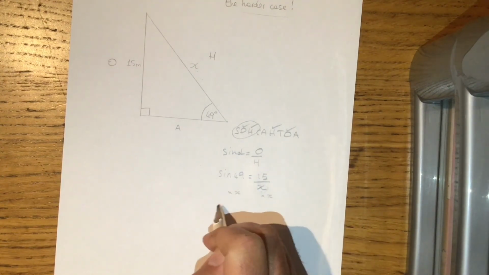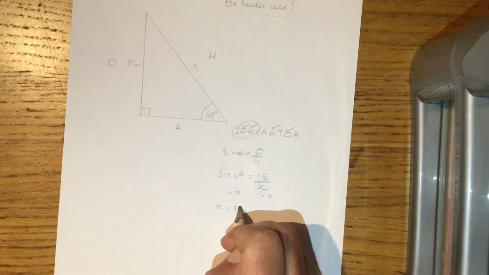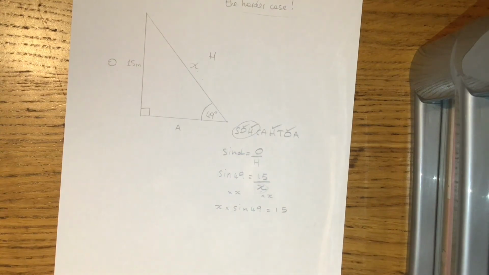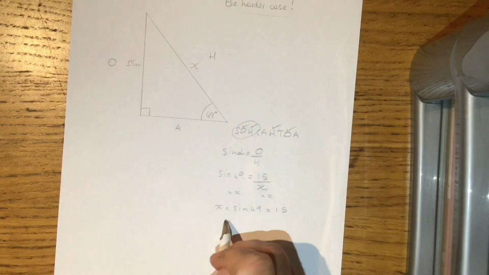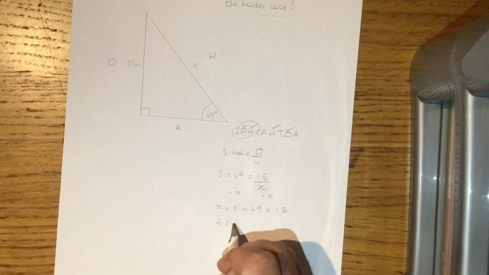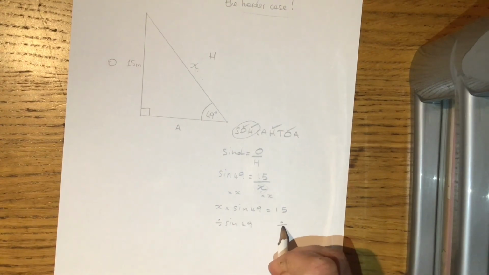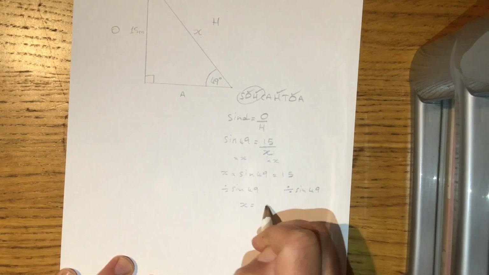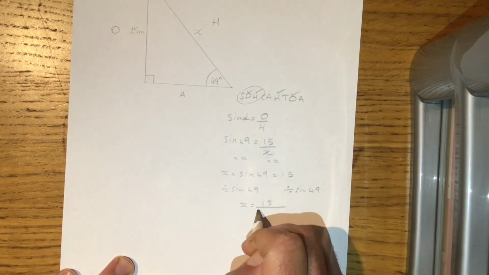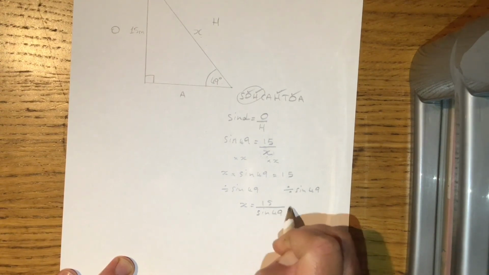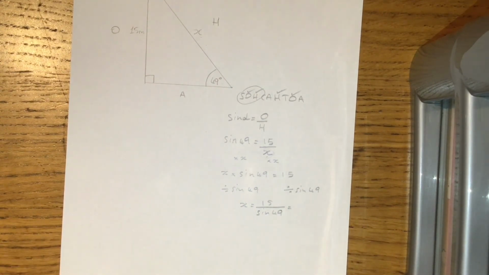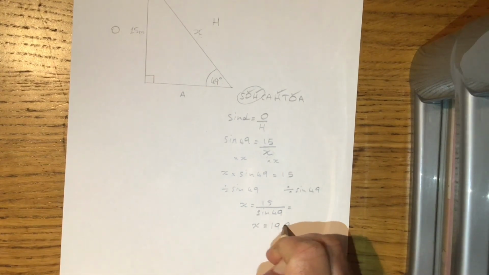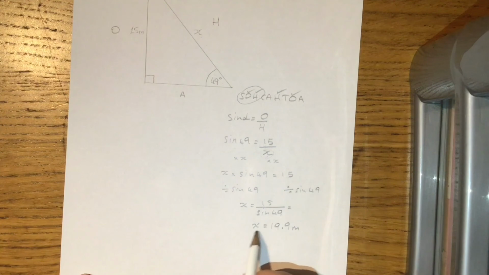So it will be x times this is equal to 15. And now I'm going to divide by sine 49. So x is equal to 15 divided by sine 49. Put in a calculator and I get that x is 19.9 meters.